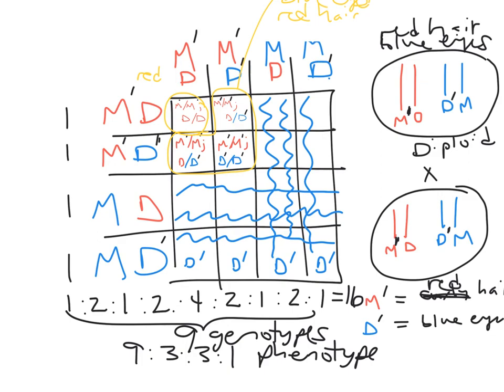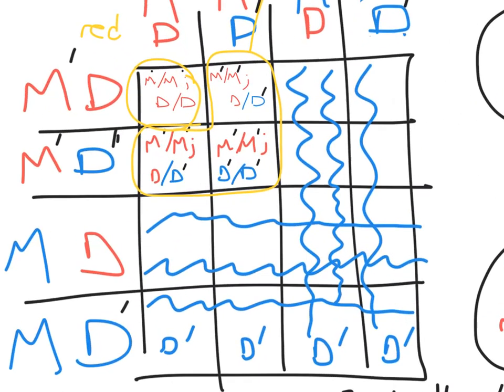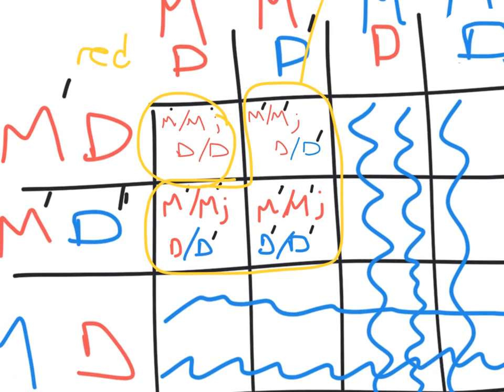Just one, the one in that bottom one, because they've got both dominant genes for the red hair and the blue eyes. Exactly. So you had 3 red hair, blue-eyed kids, and one of those 3 is homozygous. That means they're pure breeding.